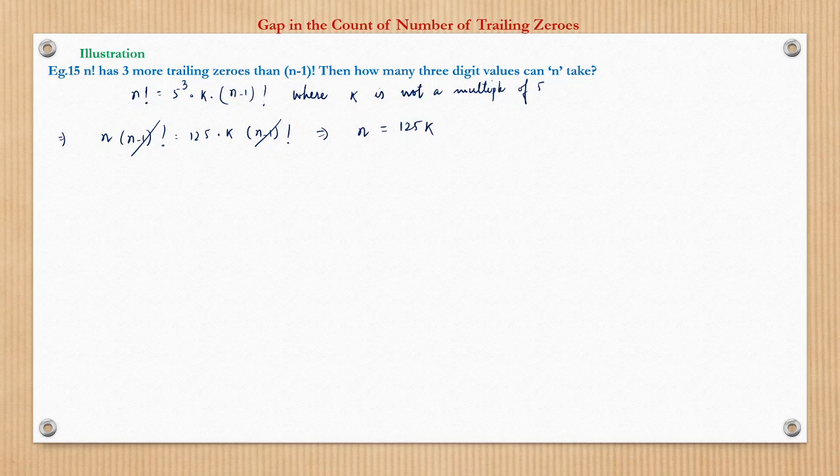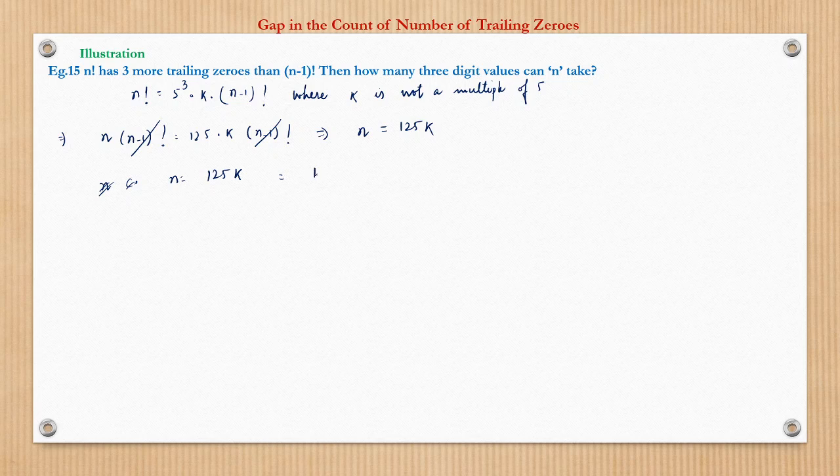So we have to find the three digit values which n can take. Now see what values n can take. n is equal to 125k.